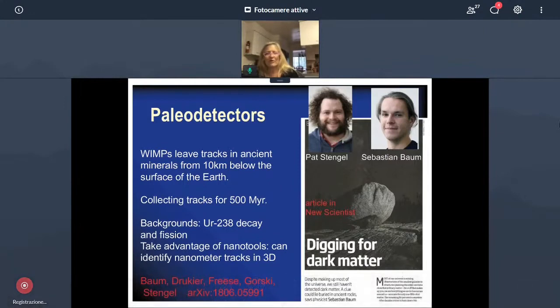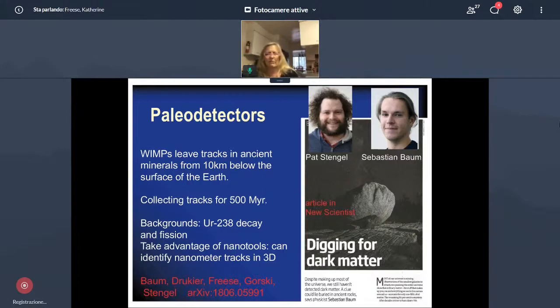Another approach that we've worked on recently, in my group, Pat Stengel, Sebastian Baum, Tom Edwards, is an idea that was done back in the day to look for magnetic monopoles, and also dark matter: digging up old rocks from 10 kilometers below the surface of the Earth. They've been collecting tracks for 500 million years.